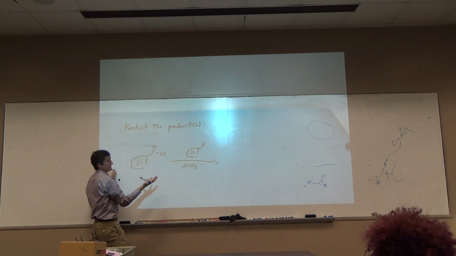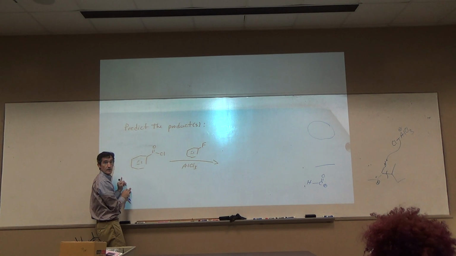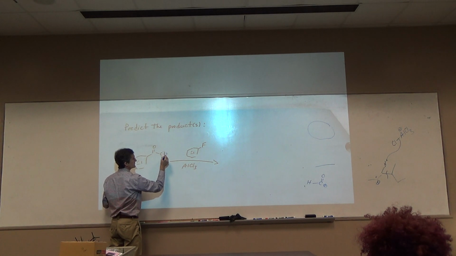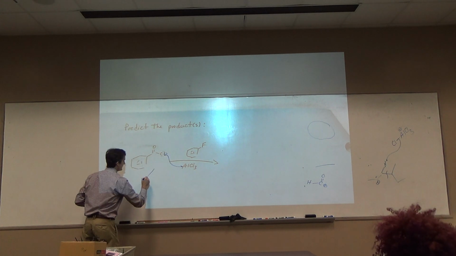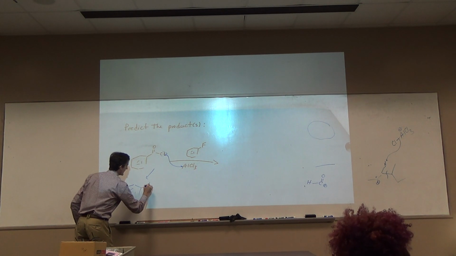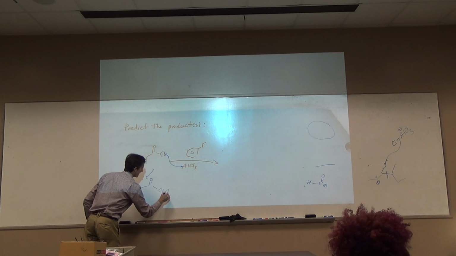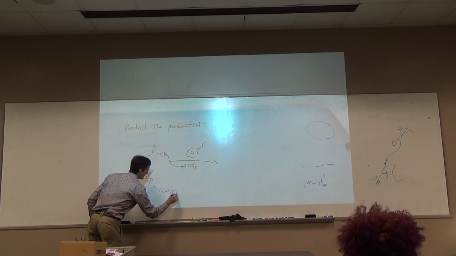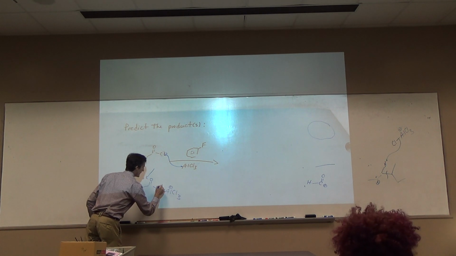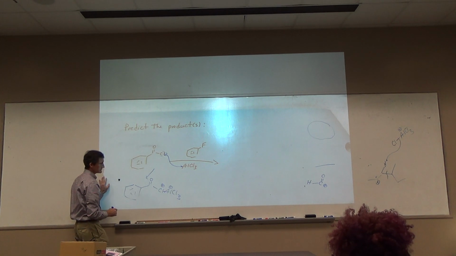What mechanistically happens first? The chlorine attacks the aluminum, and then it leaves, and you're left with the... Jen, do you agree that the first step is this here? Yes, I agree. Yeah?